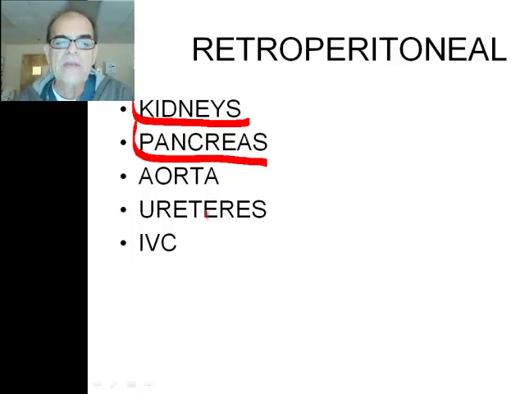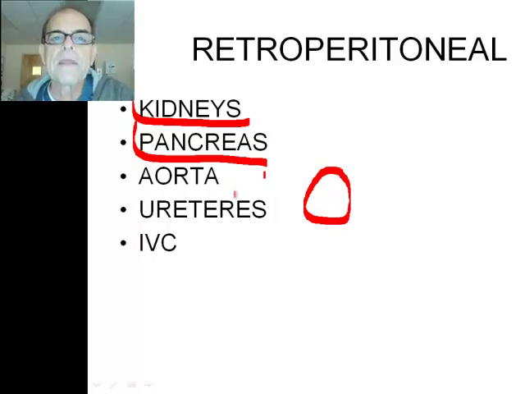Aorta, ureters, and IVC, all three are pipelines, and all the pipelines are retroperitoneal organs. Kidneys and pancreas are the most important to remember. All the other organs are intraperitoneal.